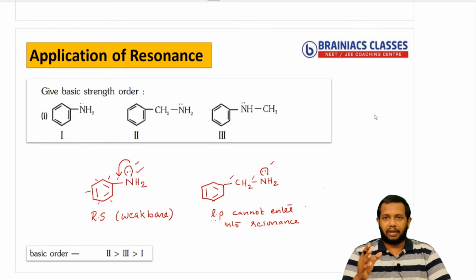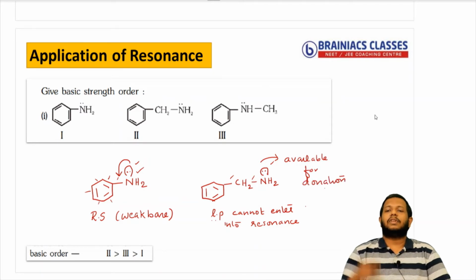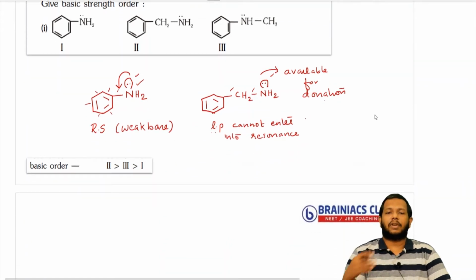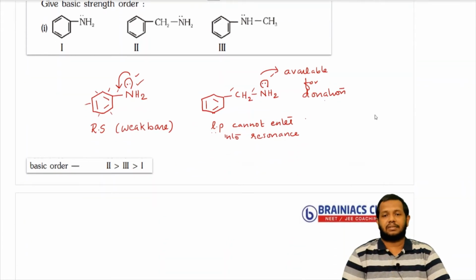If lone pair, then single bond, then a double bond, like that it should go. But here it is lone pair, single bond, again single bond. So this lone pair is available for donation. If it is available for donation, it is a good base. So I can write here, this is a good base.